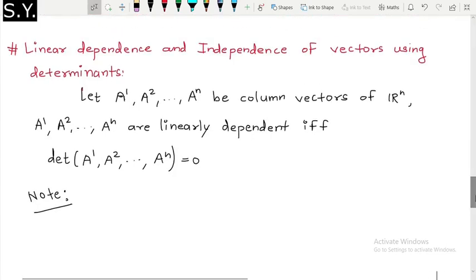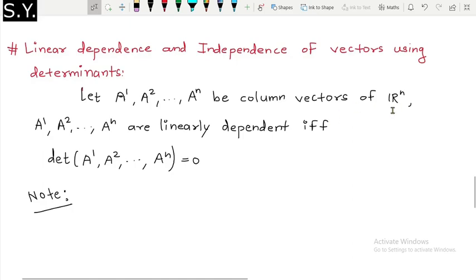The name itself tells us we will be able to identify whether a given set of vectors from R^n is linearly dependent or independent by finding the determinant. Whenever you have n column vectors of R^n, this is very important.